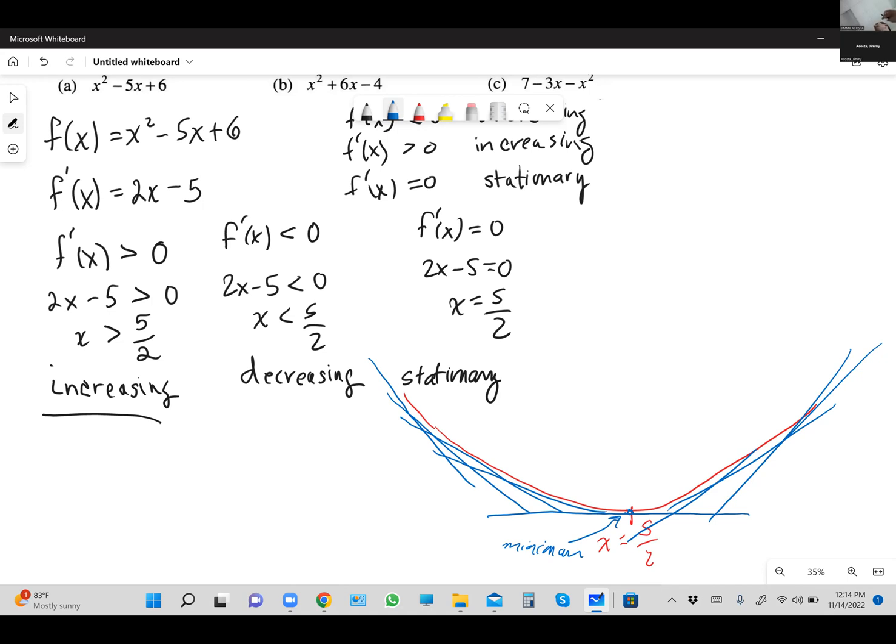It happens to be that everywhere we have a stationary point, we have a minimum or a maximum. Well, sometimes not, but we'll discuss that. What you want to see is that if the function from left to right is decreasing here and increasing here, we have a minimum. Sometimes a local minimum, because it might not be the real minimum of the function.